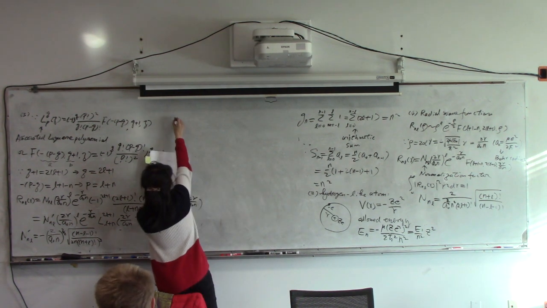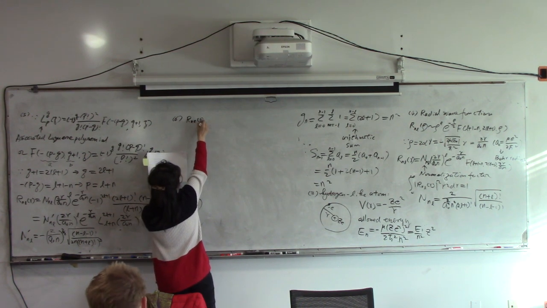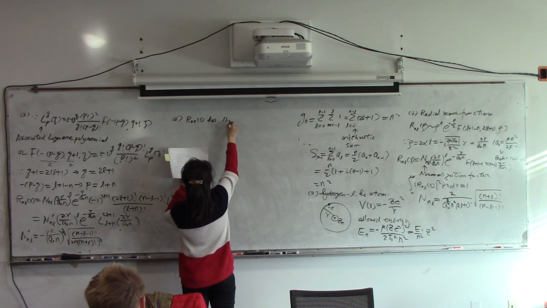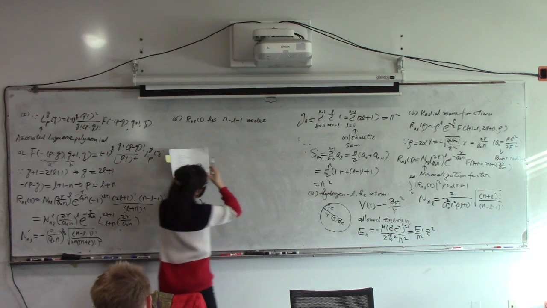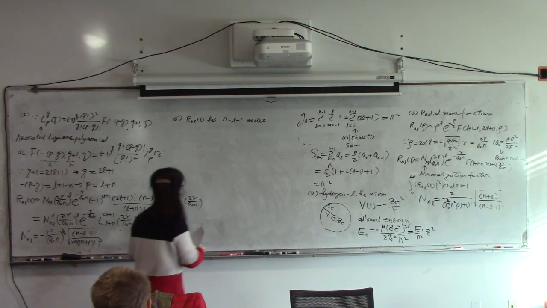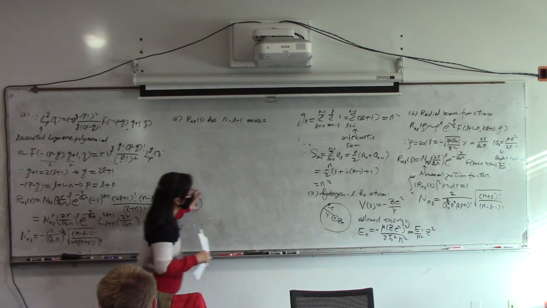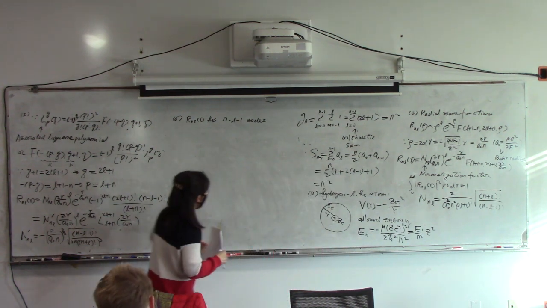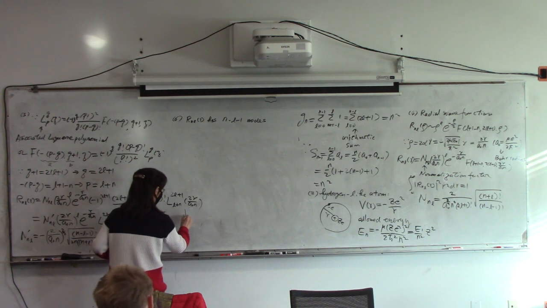Number 6, the property of this one has n minus L minus 1 nodes. What this means is, because this function is a polynomial, remember that it is related to this summation.